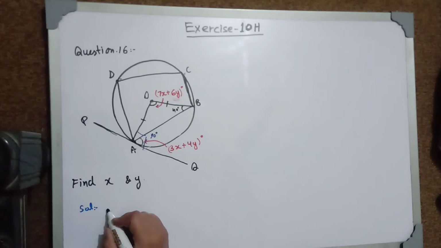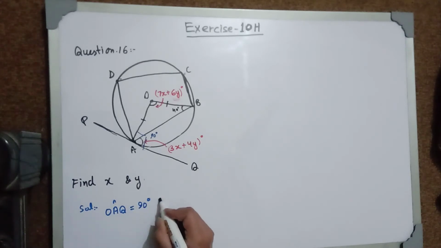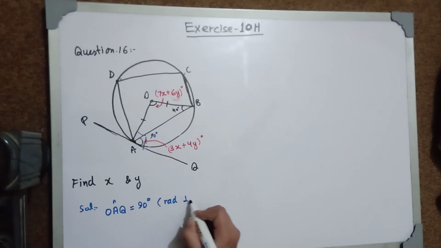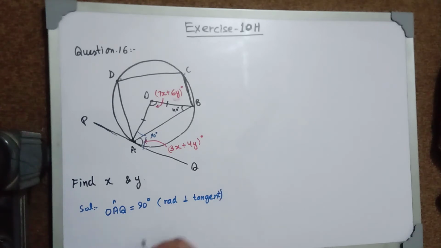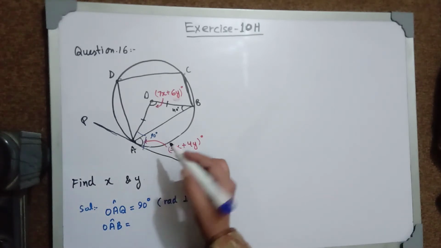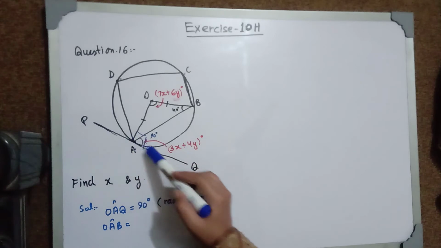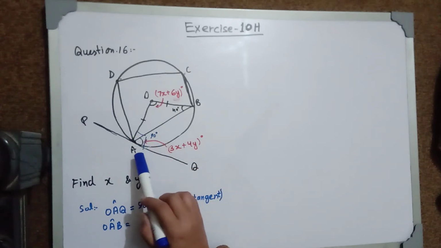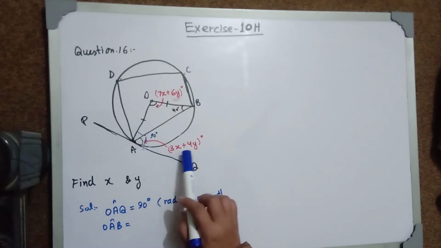Okay, let's start. We know that angle OAQ is equal to 90 degrees, and the reason is that the radius is perpendicular to the tangent. Now the angle OAB will be equal to 90 degrees minus this angle. This complete angle OAQ is 90 degrees, and in the question they have given that the angle BAQ, which is this angle, is equal to 3x plus 4y.